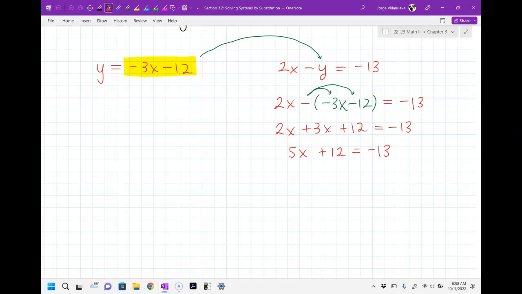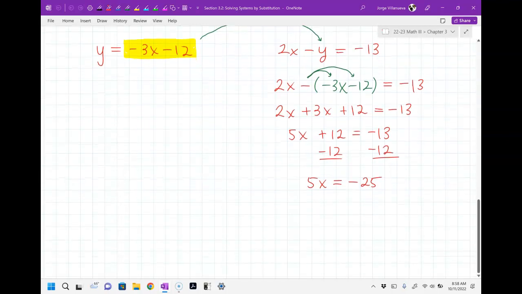Let's subtract 12 on both sides. So we got 5x equals negative 25. If I divide both sides by 5, what do I get as an answer? Negative 5, right? So x equals negative 5.